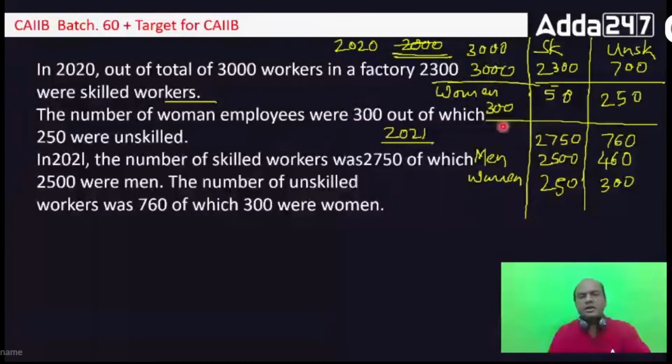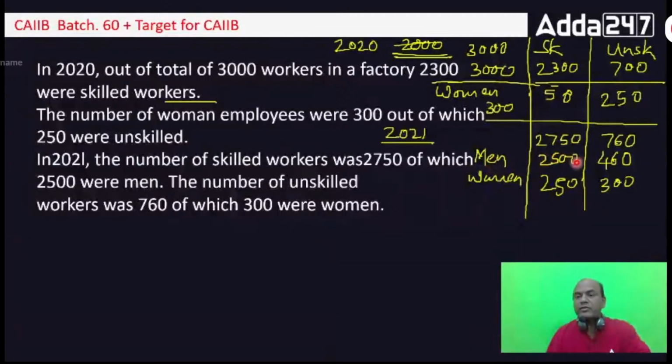The number of skilled workers was 2,750, of which 2,500 were men. The number of unskilled workers was 760, of which 300 were women. Now this is also simple. They have not given the total number of workers. Total skilled workers was 2,750, out of which 2,500 were men.